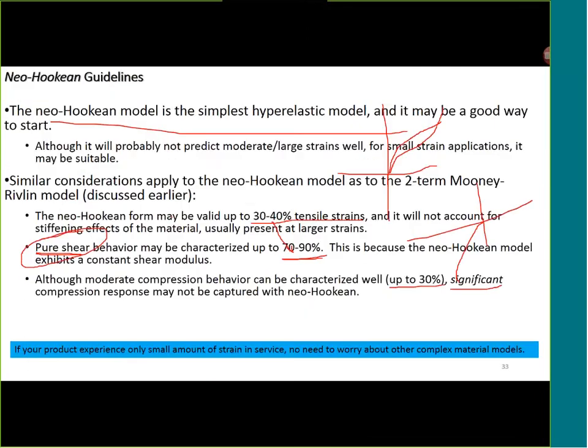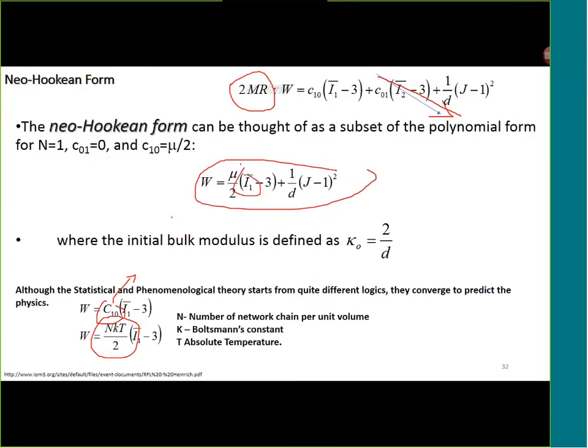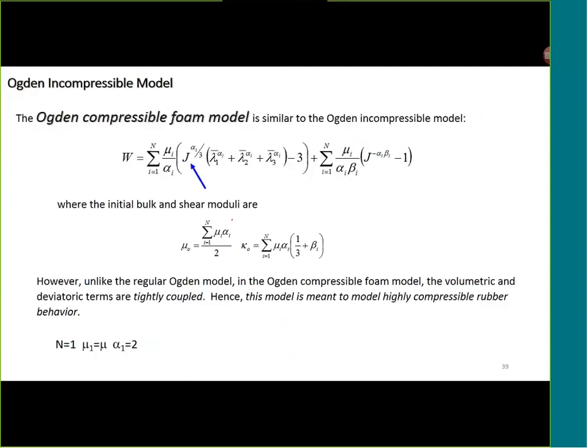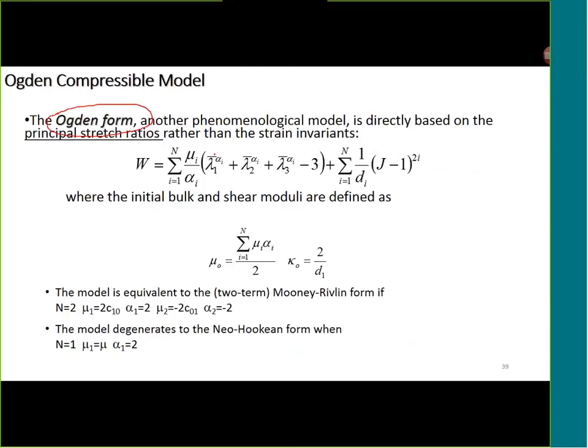Everywhere the invariants are used to define the strain energy potential. But in the Ogden form, instead of using the invariants, the principal stretches are directly used. That's the one difference in Ogden form compared to the other forms.